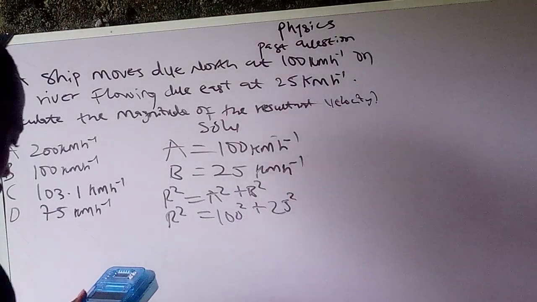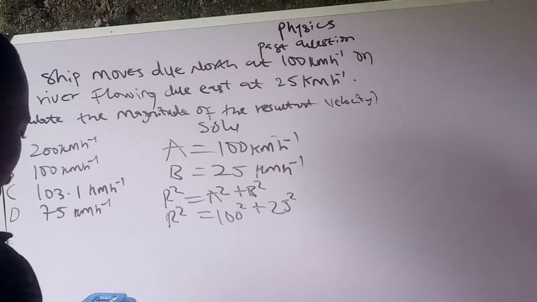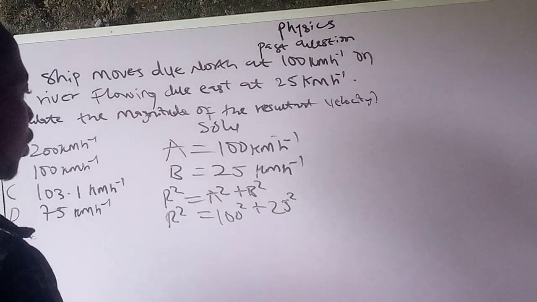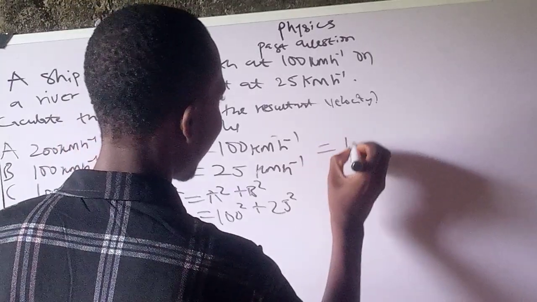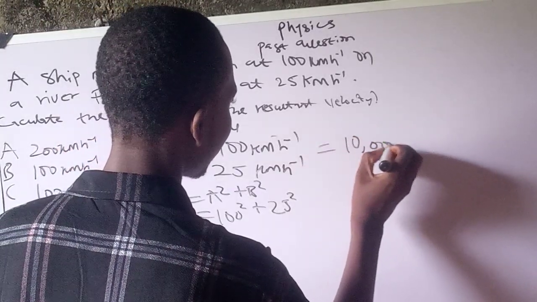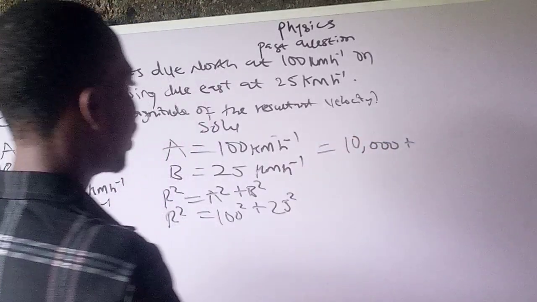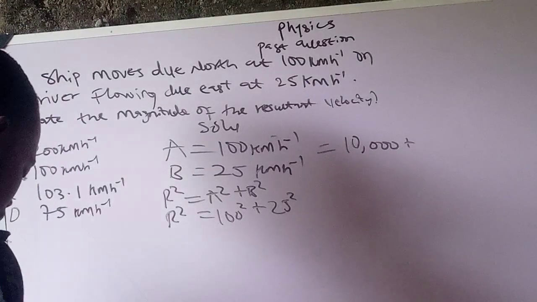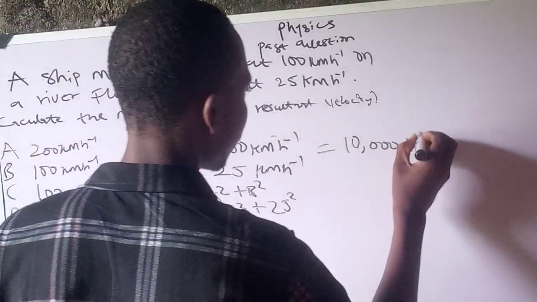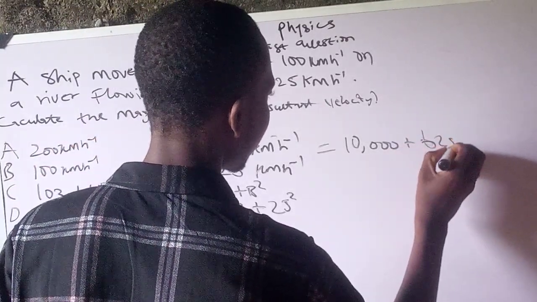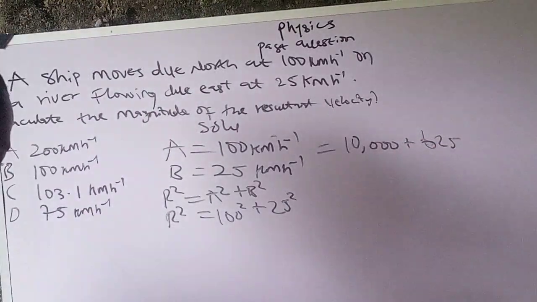So 100 squared will give me 10,000. Plus 25 squared will give me 625. Now let me add them.